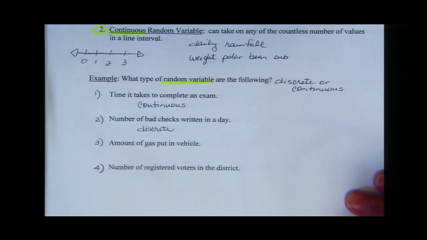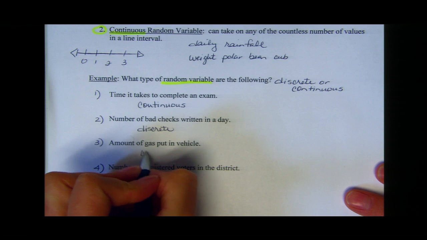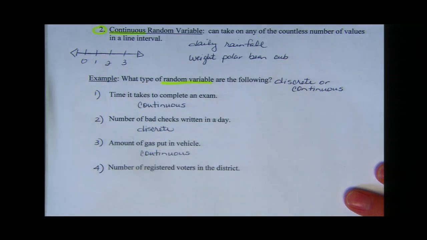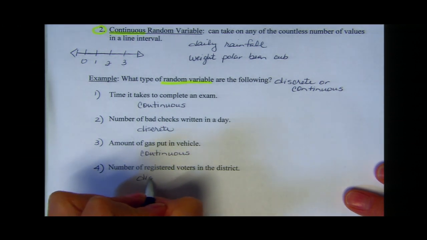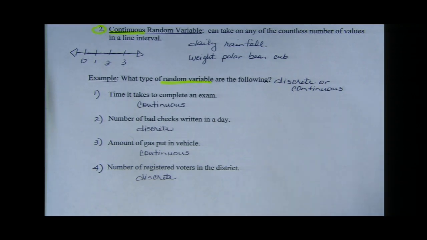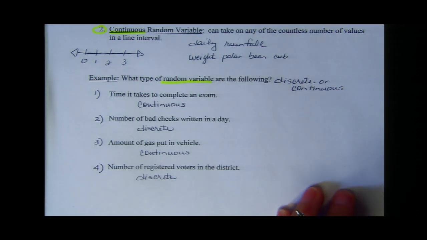Nobody writes 1.5 bad checks. Amount of gas in a vehicle, that would be continuous. Number of registered voters in the district, that would be discrete. There aren't 3.5 registered voters. It'd be 3 or 4 or 5 and so forth. So there are examples of random variables and the types of random variables.